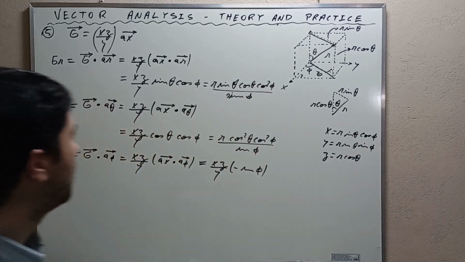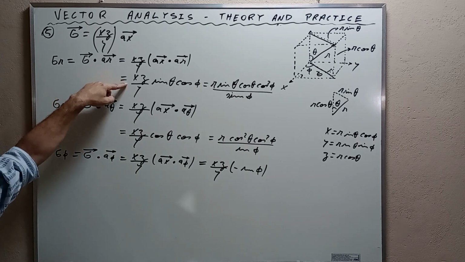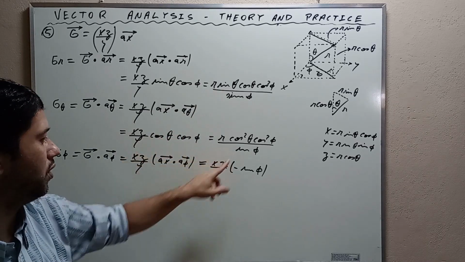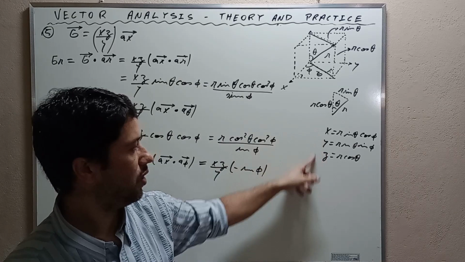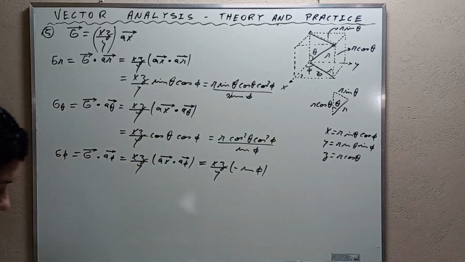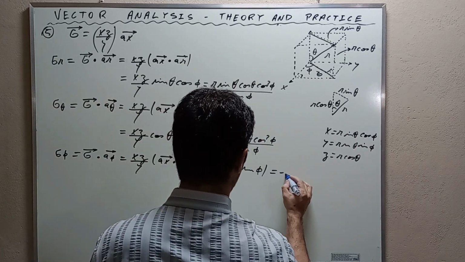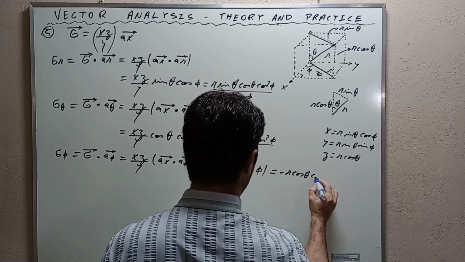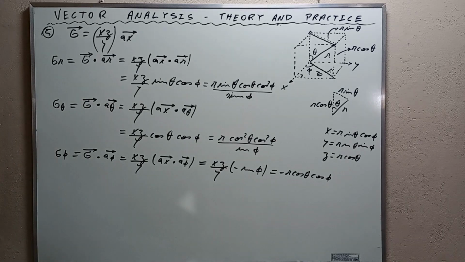I'm going to give you this tip to go from here to here, and from here to the next step. This is how you are going to substitute. And then we find negative r cosine theta cosine phi. Okay?